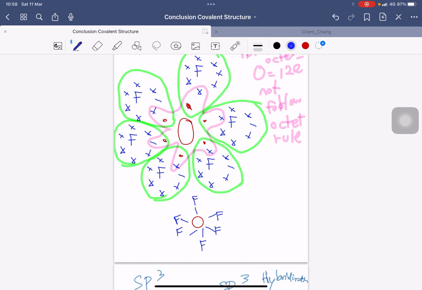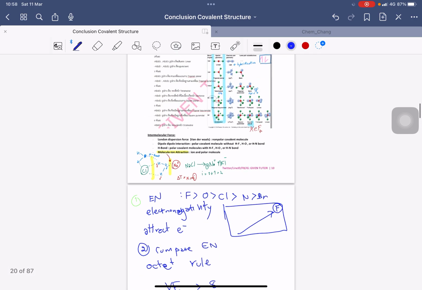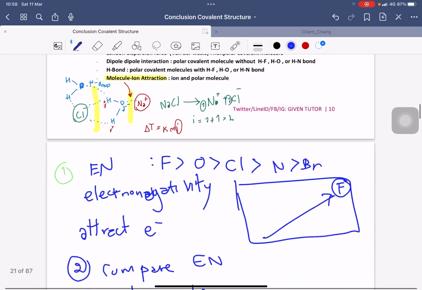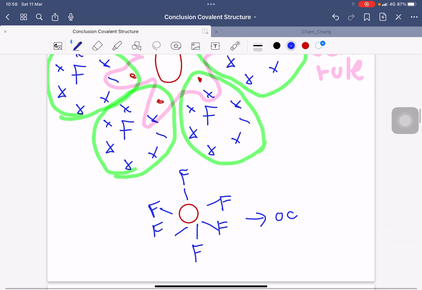These structures occupy all shared electrons. So this one will be all shared electrons, and then compared with here, the structure will be called octahedral.